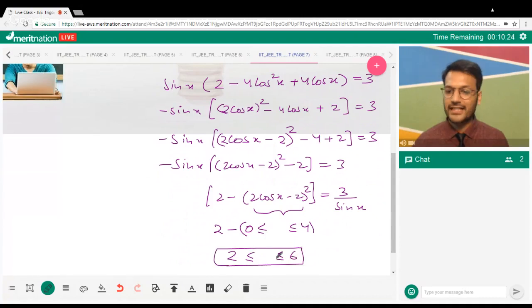So this is a value that lies between 2 to 6. And this is a value that will always be greater than 3.